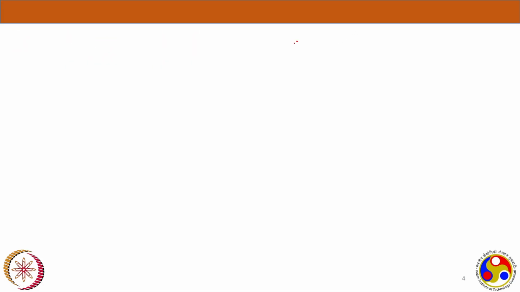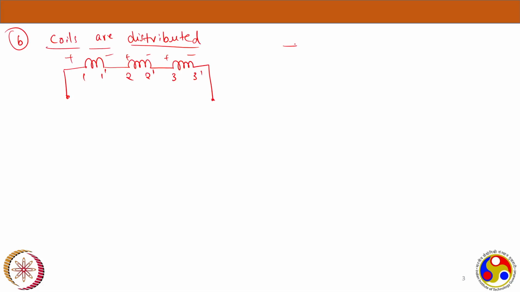Now, beta electrical is the angle between two consecutive slots. For example, let's say we have 36 slots.